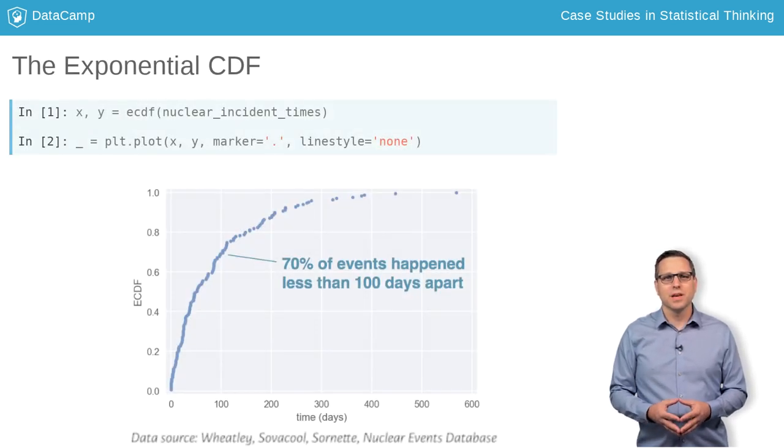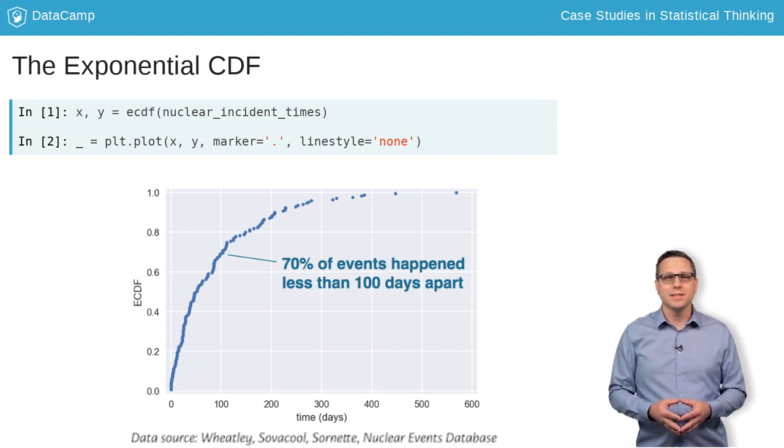In Statistical Thinking 1, we considered incidents at nuclear power plants as a Poisson process, so the time between them should be exponentially distributed. To check, we plotted the empirical cumulative distribution function, or ECDF.